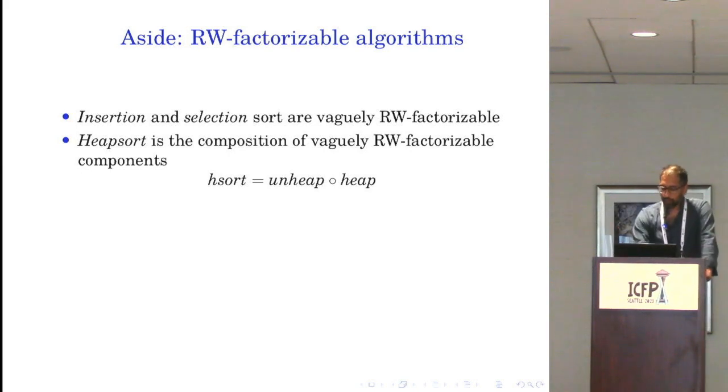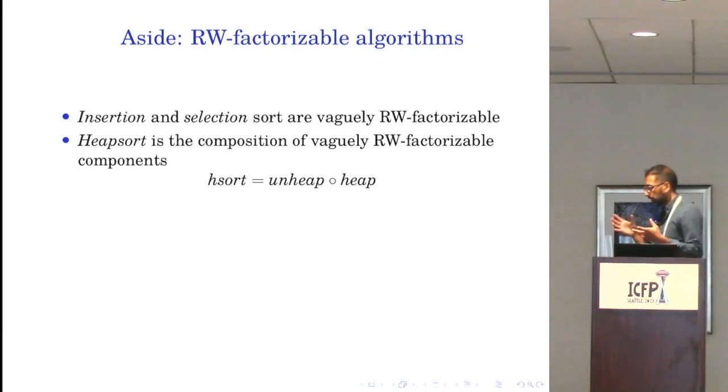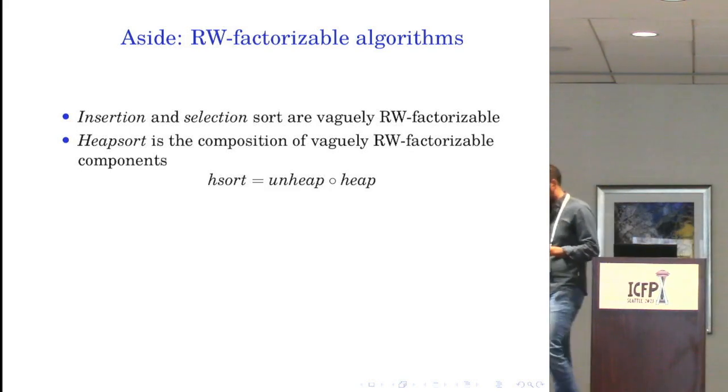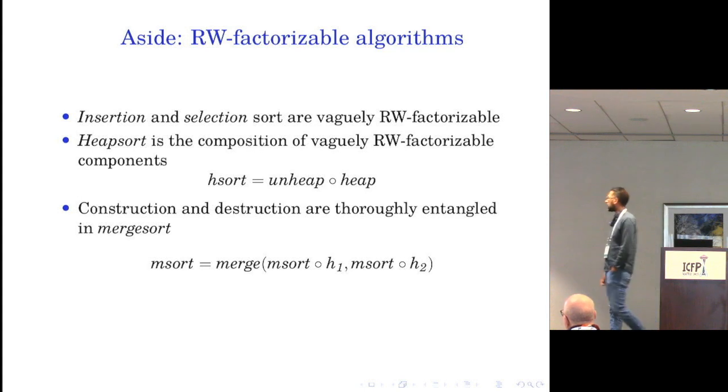And now let's think about merge sort. Just the merge operation definitely is literally RW factorizable. We are destructing two read-only lists and we construct an output list. But merge sort itself is not, right? And I think not in a very strong sense, because here you can see that the output type of msort has to agree with both the input and the output type of merge.